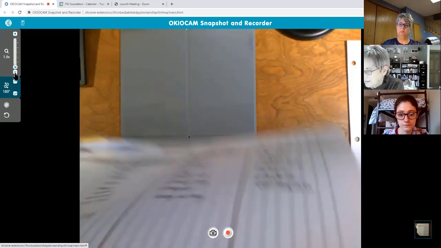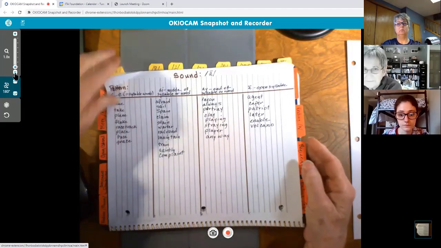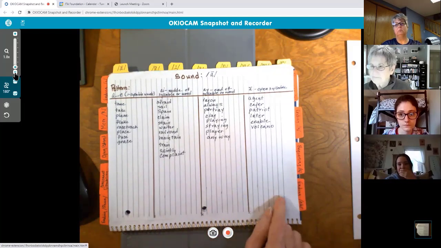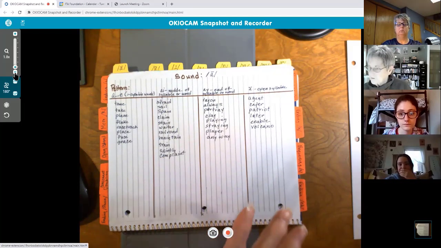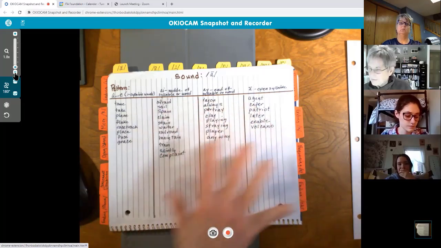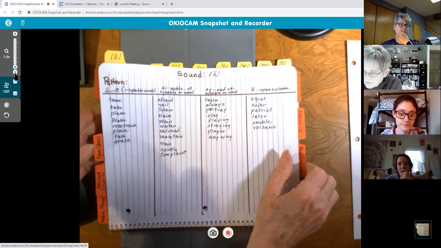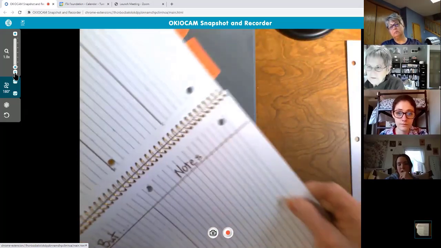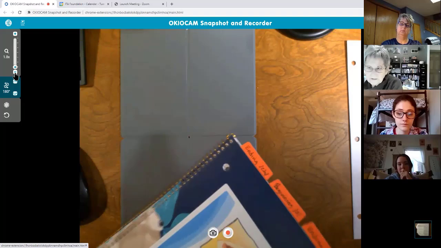Okay. And this, of course, as you can see, has plenty of room to add new words. So once they've done a sort, have them do a page with the words, and then maybe another page where they make the yabbat, so you have some notes.